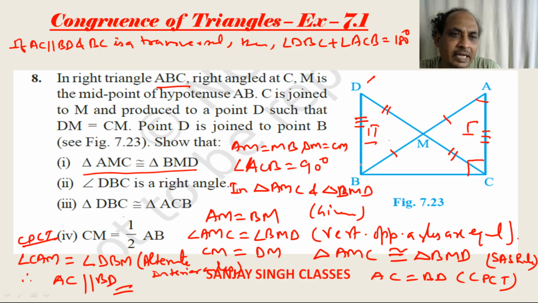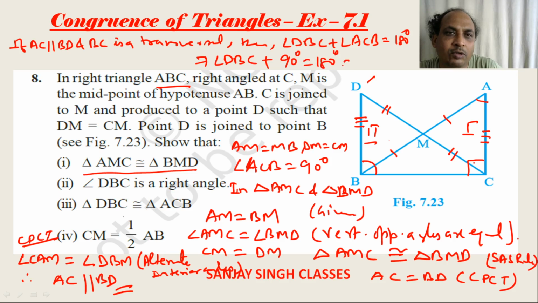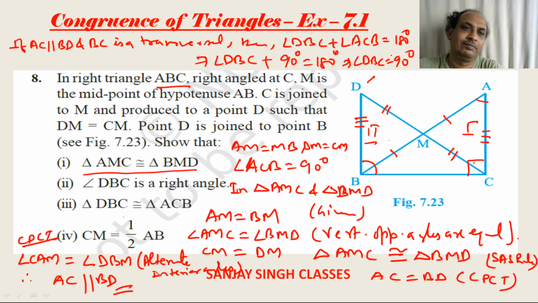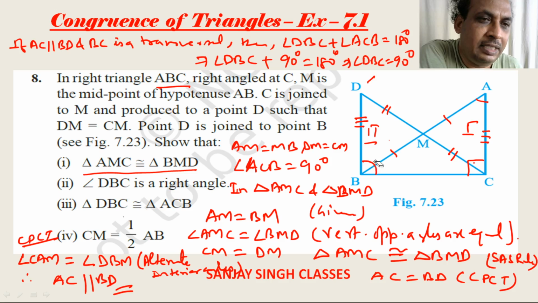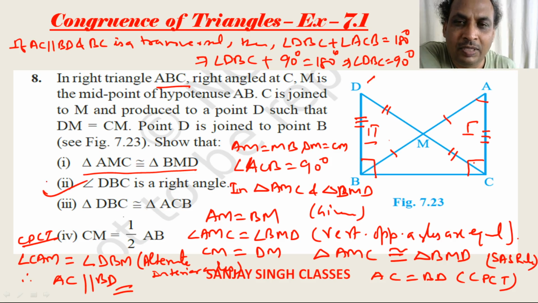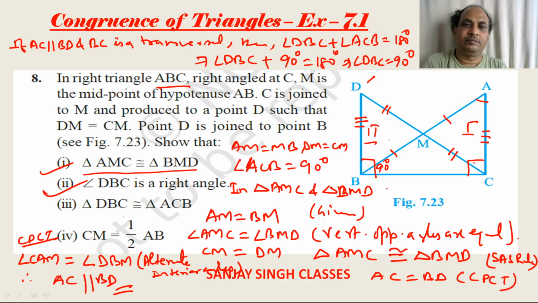Why? Interior angles on the same side of the transversal are supplementary. Angle DBC we do not know, but angle ACB we are already given, it is 90 degrees. So we have got angle DBC is equal to 90 degrees. This one we have proved.